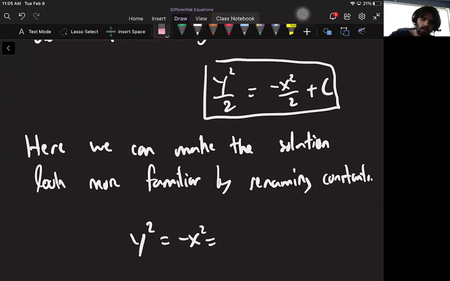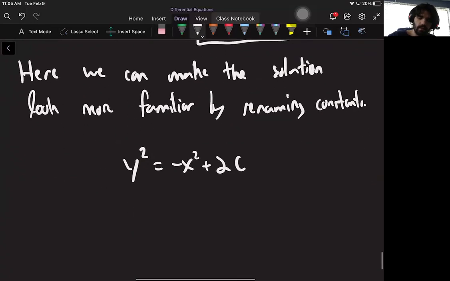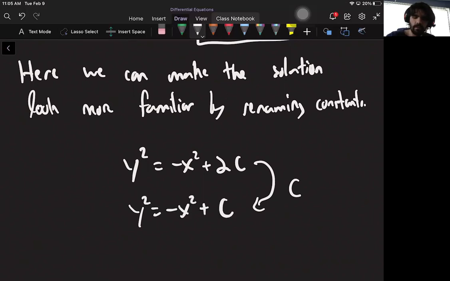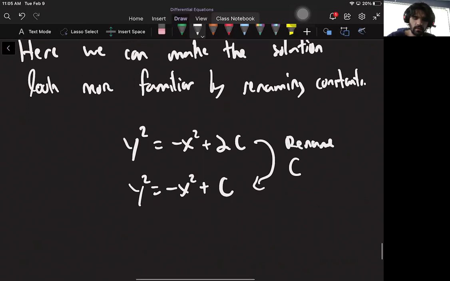Oops. So then that c becomes a 2c, but I'm just going to rename it to c because I don't care that it's 2 times a constant. It's like saying 10 is 2 times 5. It's the same thing.